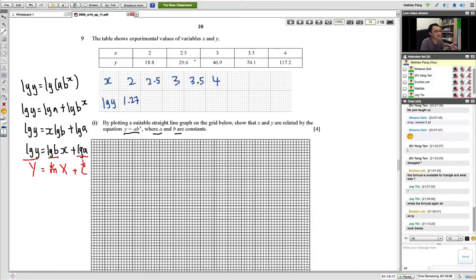And then I will log 29.6. I will get 1.47. And then I will log 3. I get 0.48.